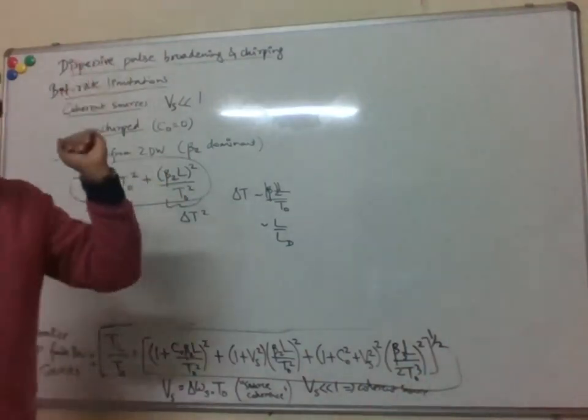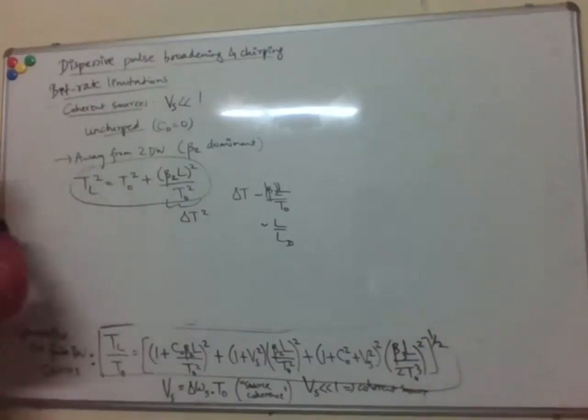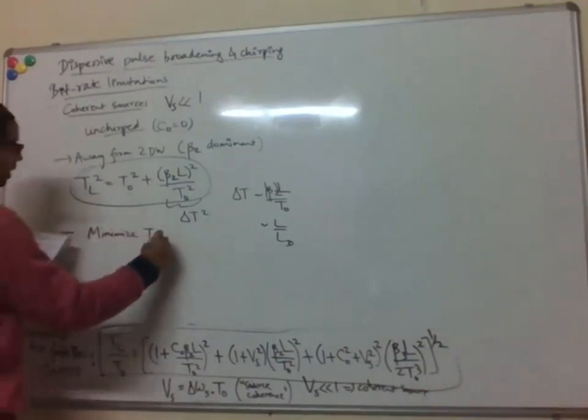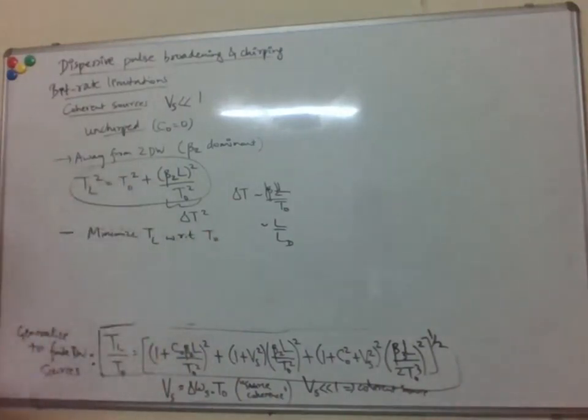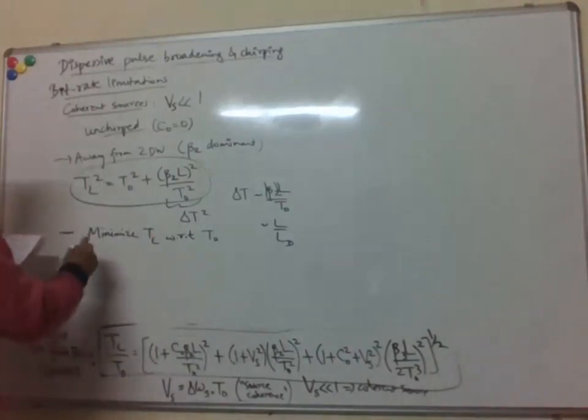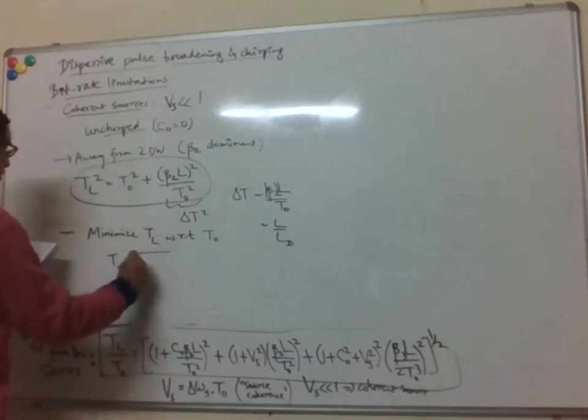It's not a monotonic function like for incoherent sources. If you minimize TL with respect to T naught, you can find an optimum pulse width at the transmitter to minimize the pulse width at the receiver, and you can check that happens at T naught equal to the square root of the magnitude of beta 2 times L.